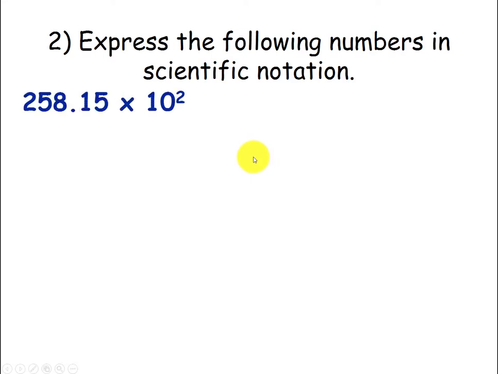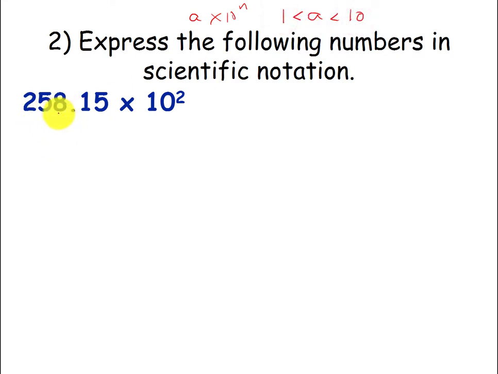Alright, 258.15 times 10 raised to 2. Now note that this is not in scientific notation. Why? Because what we have here is greater than 10. Remember that our scientific notation should be a times 10 raised to n, where a is between 1 and 10.